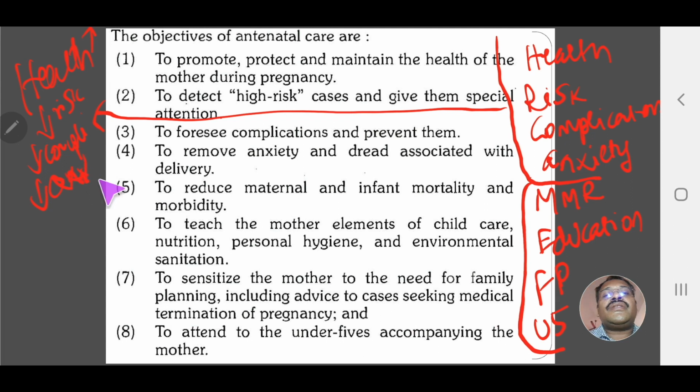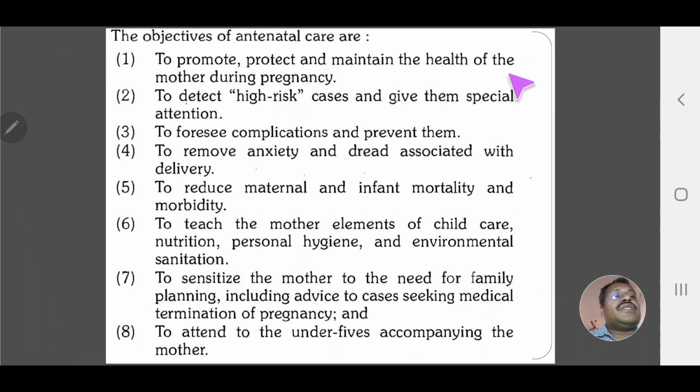Do you understand? That is the first part. The second part is: MMR will be less when there is good education, family planning, and good care of under 5 children. That's all about the objectives.